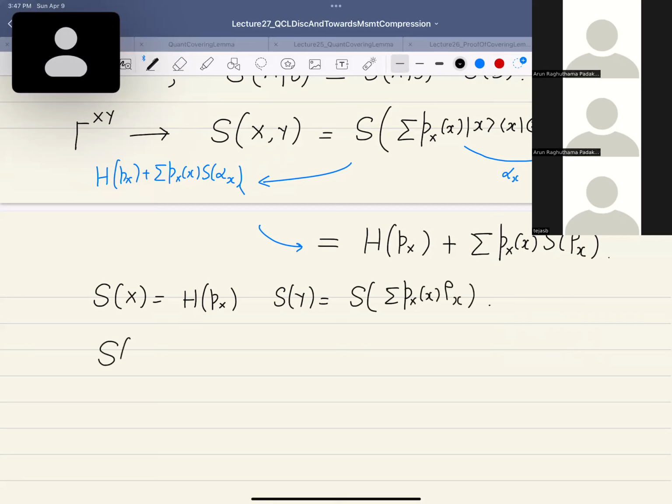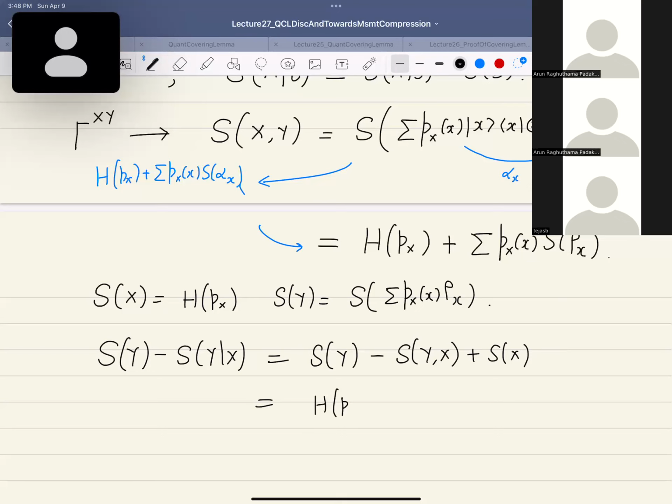So what is H of S of Y minus S of Y given X? This is essentially S of Y minus S of Y comma X plus S of X. So I'm going to write everything: this is S of the summation P_X(x) rho_x, minus H of P_X minus the summation P_X(x) S of rho_x, plus H of P_X.